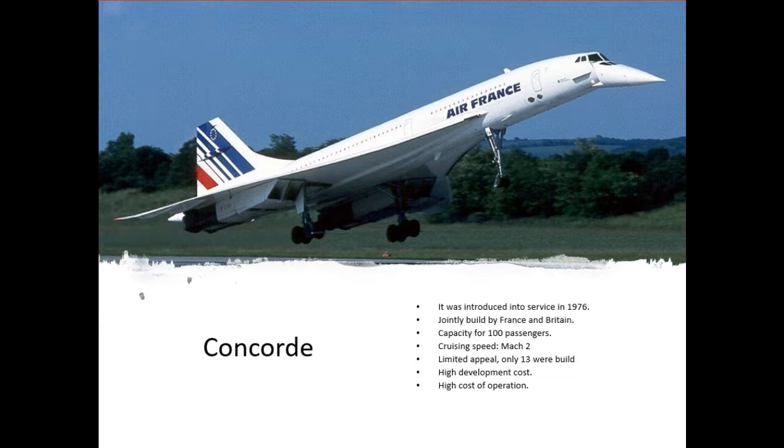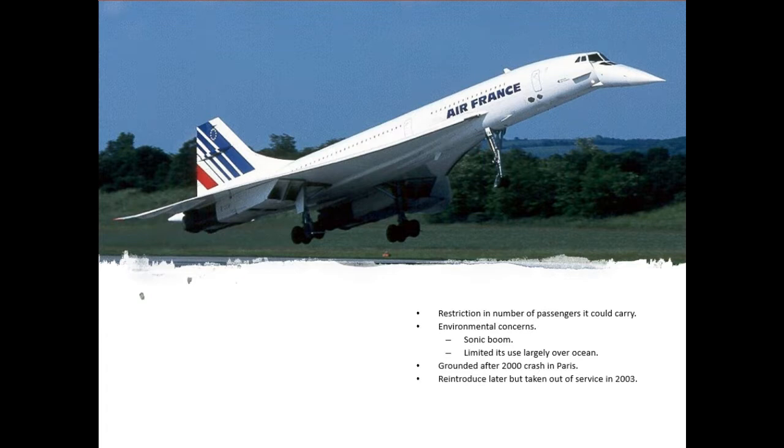I think it's 13 mentioned in the notes. The reason they have a very limited number is the high cost of operation, as well as the high cost of development, and also the restriction in the number of passengers that it carries.